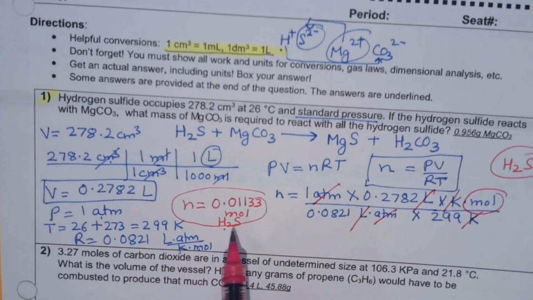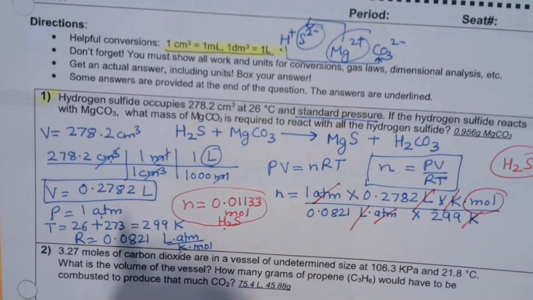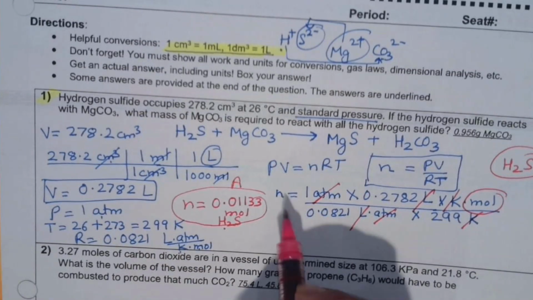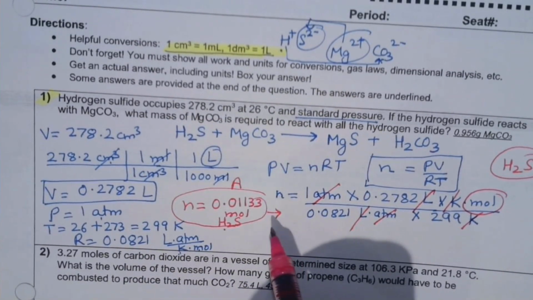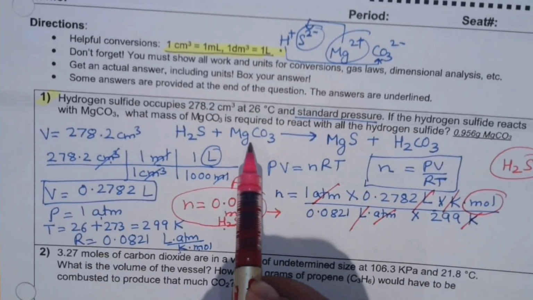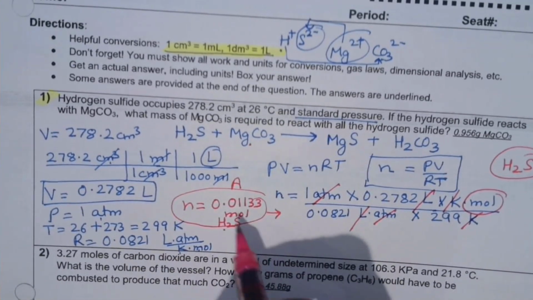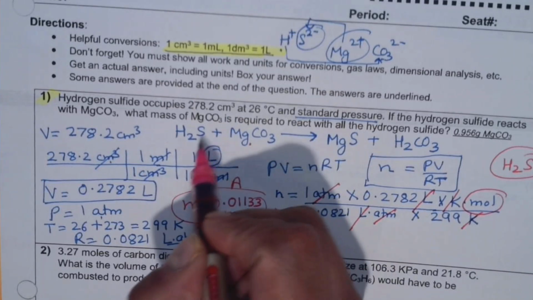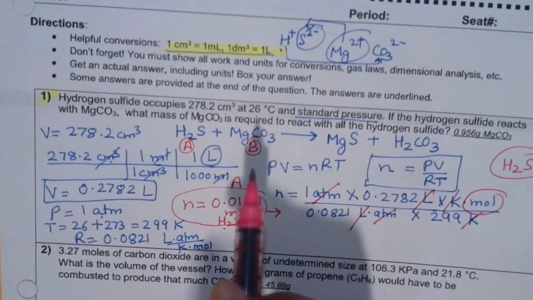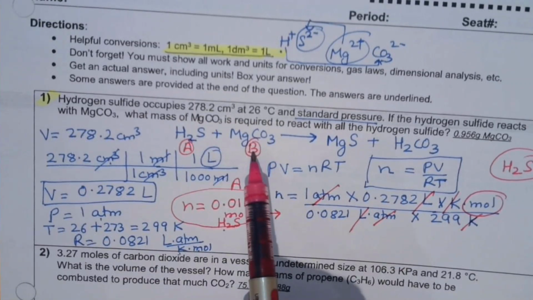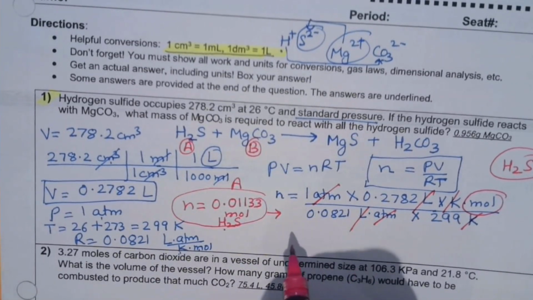Now we will start with the moles of H2S, that is our A, and we are going to go to moles of MgCO3, right? So this is A and this is B. We are going to go to moles of MgCO3. So let's start.